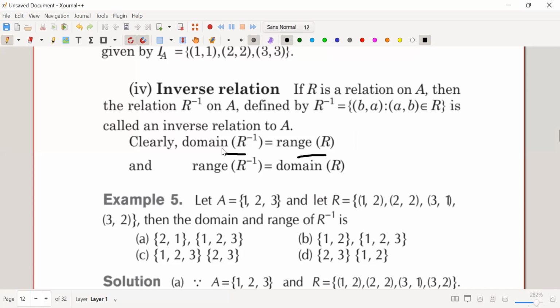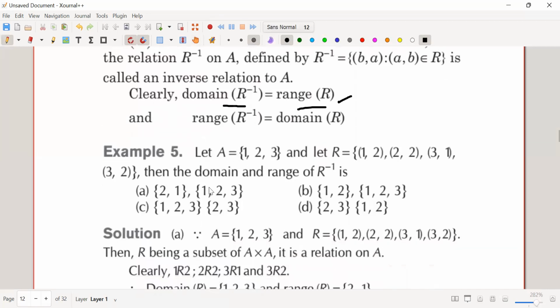Clearly, domain of R inverse equal to range of R. What is range? Only the answers to which it is related; other things will be eliminated. So domain would be range and range inverse would be domain.